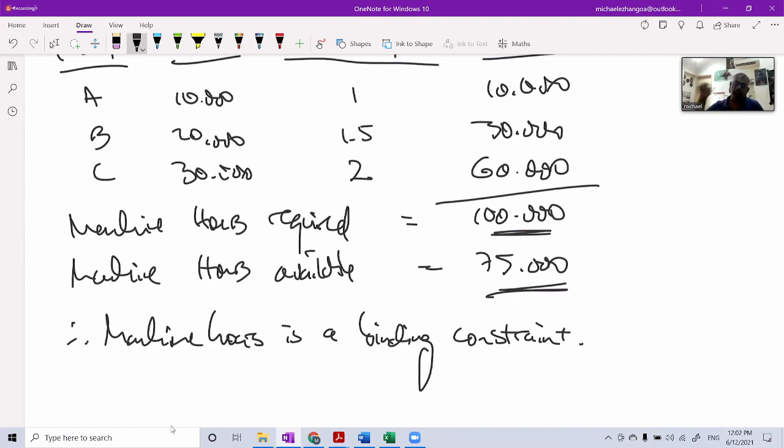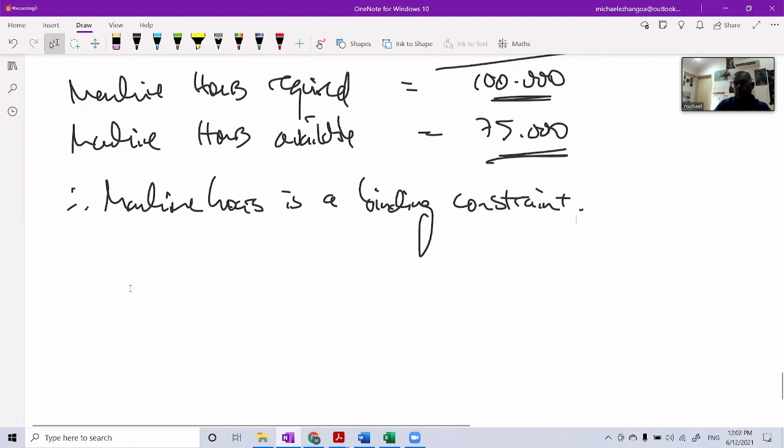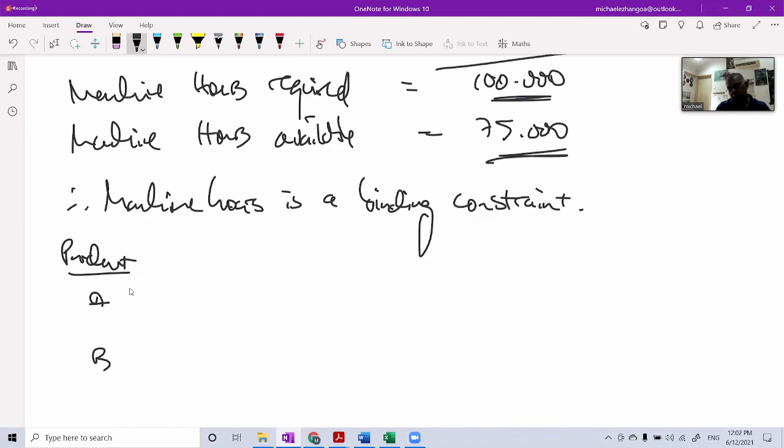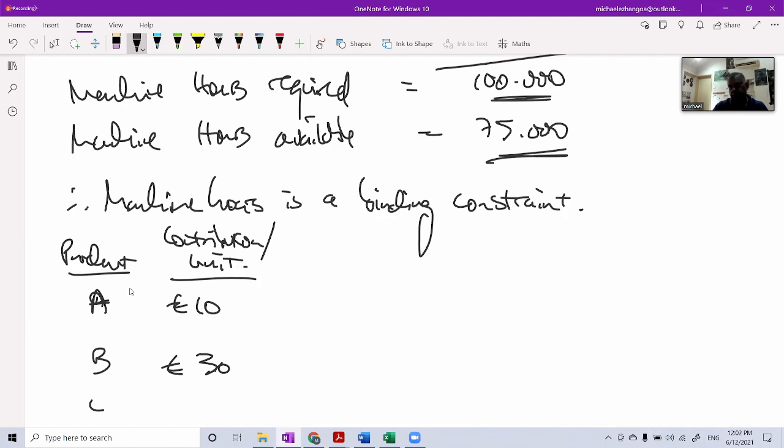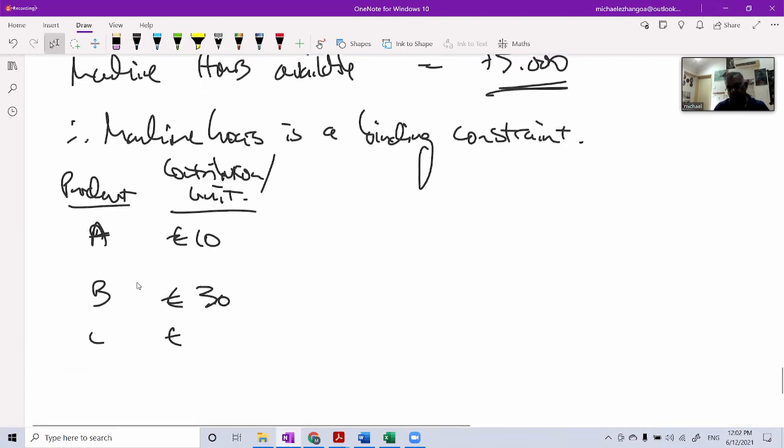All right. And then, of course, the next working will be contribution and work out the ranking and things like that. So let's extend the example. Additional information. Now let's say you've got products A, B, and C. Contribution per unit: let's say this is 10, this is 30, and this is 15.